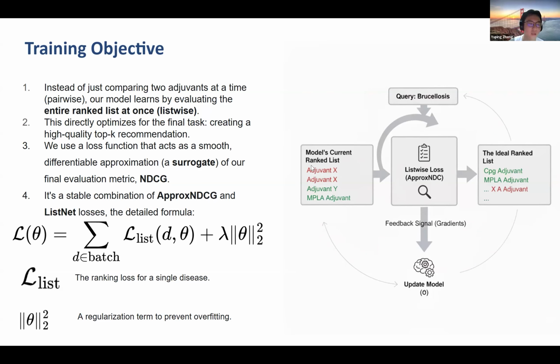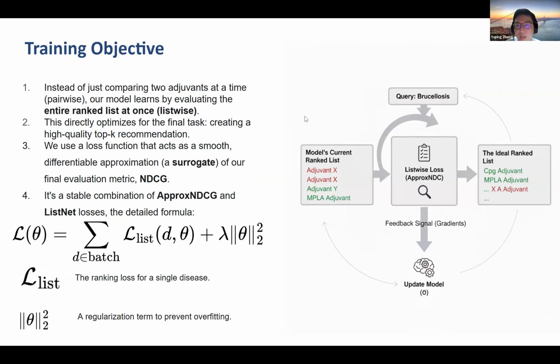In the L theta, it's the addition of each prediction, and then it gives a total loss. To compute this loss, we use a differentiable approximation in order to optimize the model. We also add a regularization term to prevent overfitting.